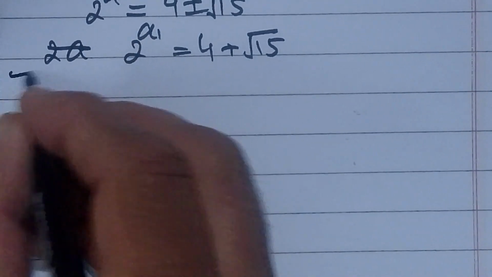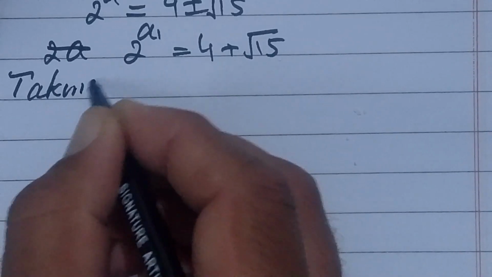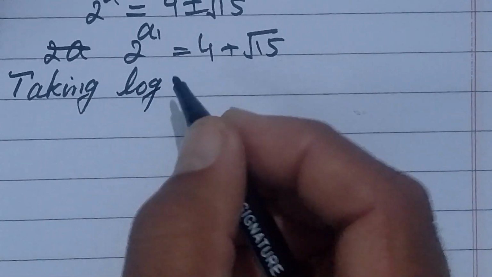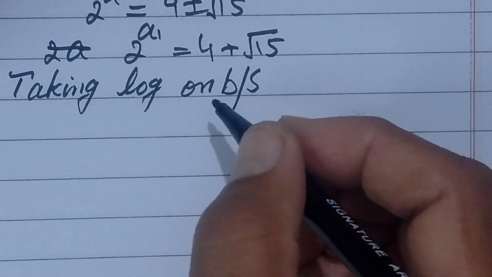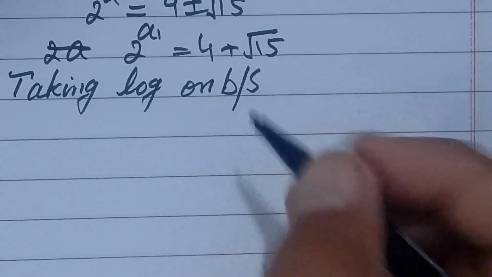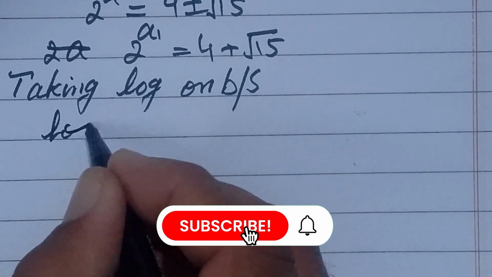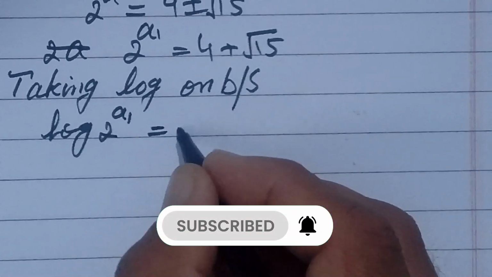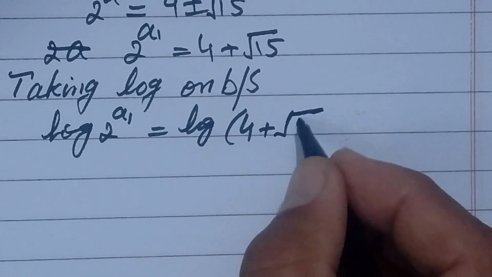Taking log on both sides. Now log 2 raised to the power a1 is equal to log of 4 plus under root 15.